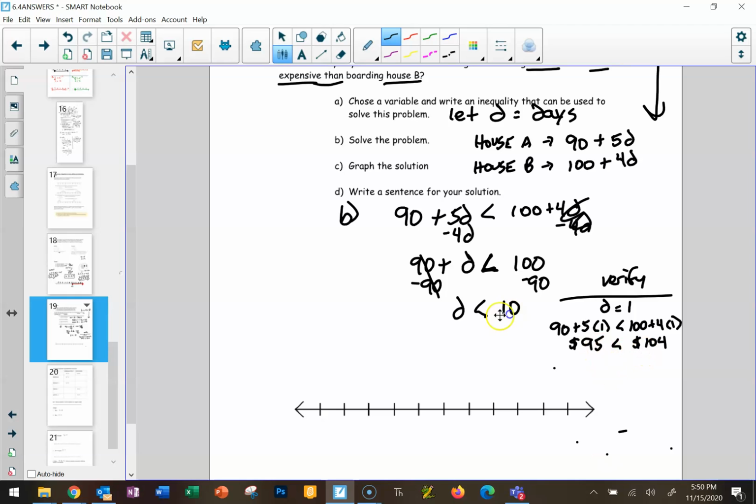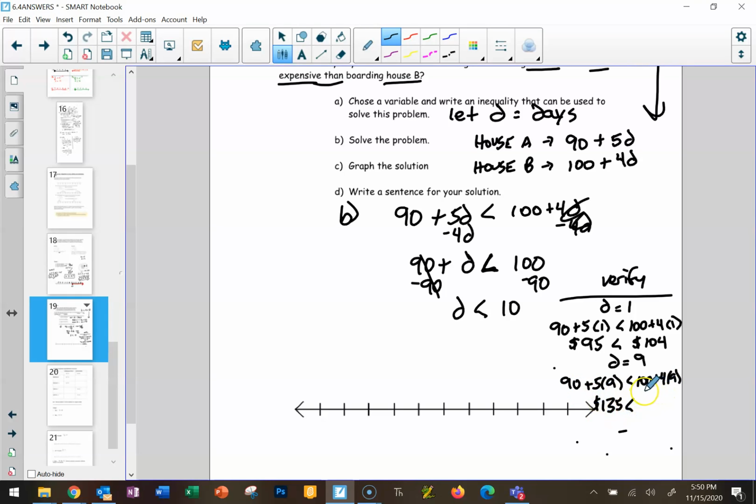So let's check it with 9, okay? Because we said D has to be less than 10. So now we've got $90 plus $5 times 9 days. Is that indeed less than $100 plus 4 times 9 days? So we've got 90 plus 45 here is $135.